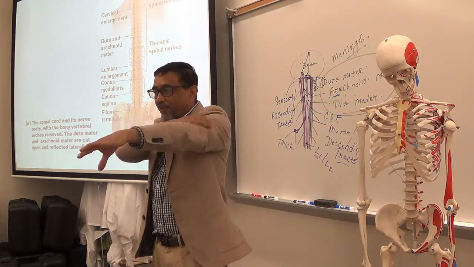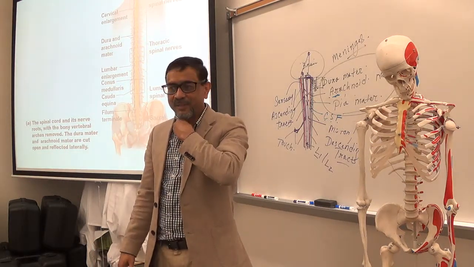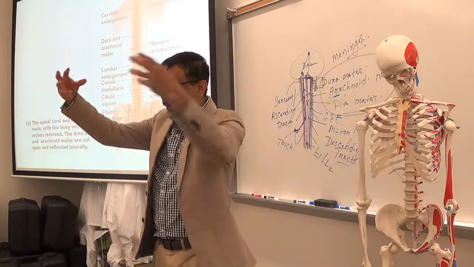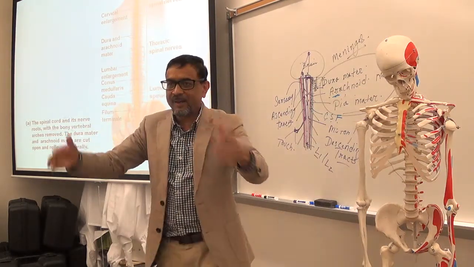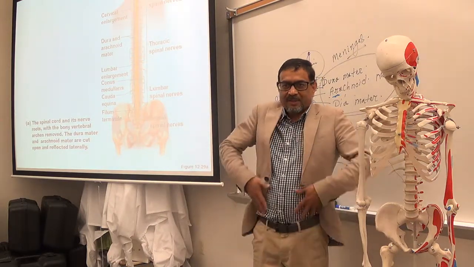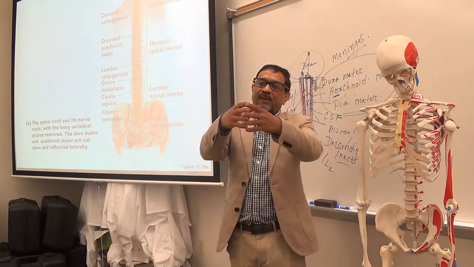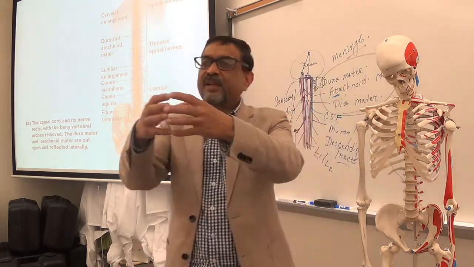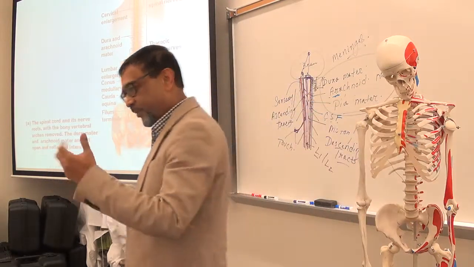Because from your upper limbs, many nerves enter into this part of the spinal cord. Make sense? So you need more neurons there to receive the signal. And from your lower limbs, from your legs, a lot of nerves enter into the spinal cord. And that's why in the lumbar area it is expanded too. Expansion means more neurons, right? To process or receive the signal.